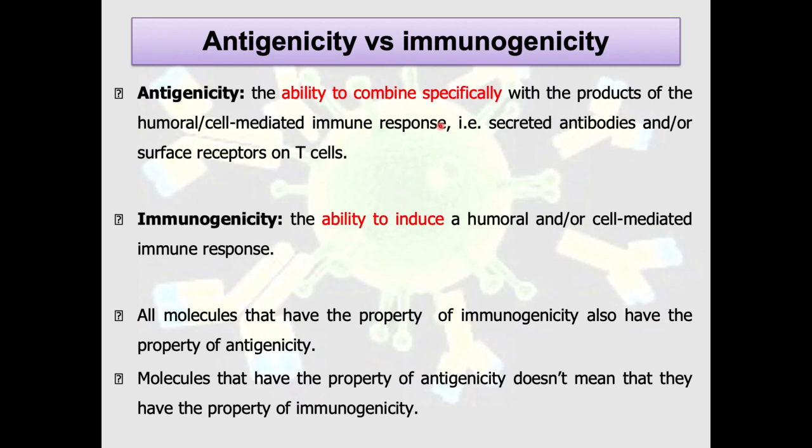And molecules that have the property of antigenicity don't necessarily have the property of immunogenicity. For example, a hapten, even though it can bind to the antibodies, cannot trigger any immune response.